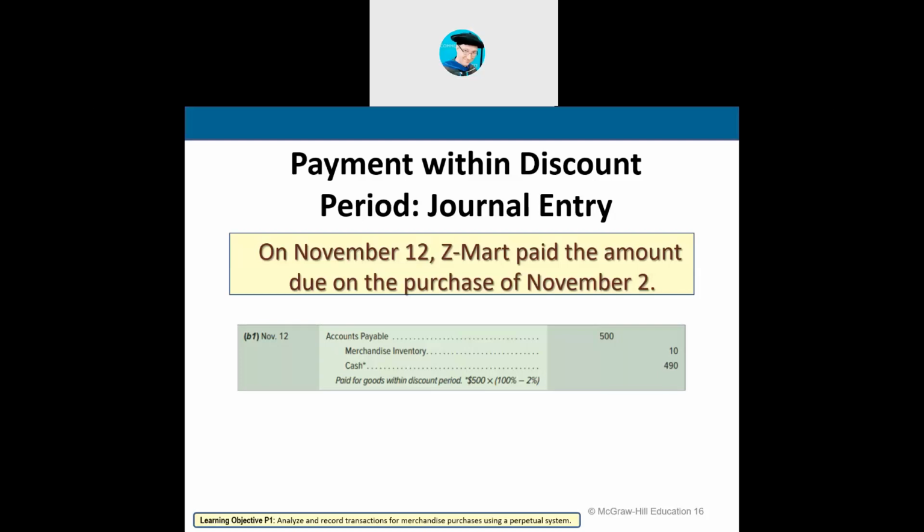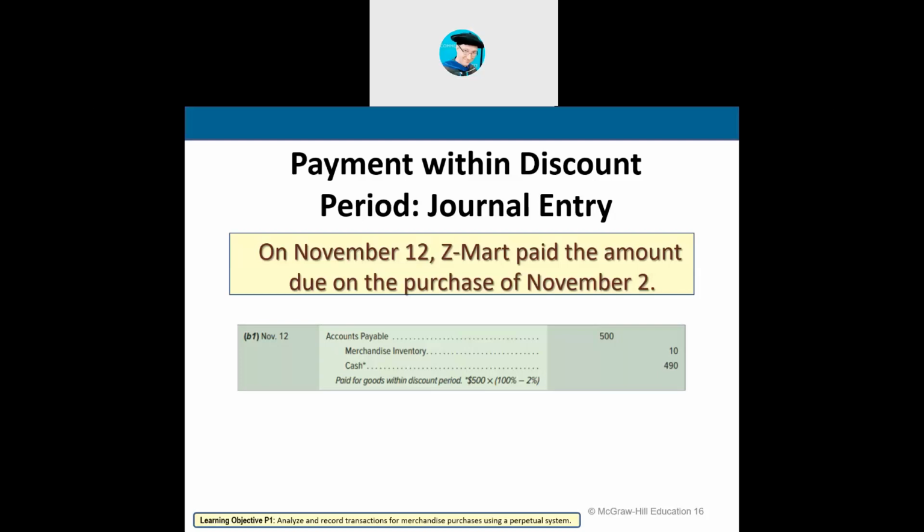You might be asking. We debit accounts payable the 500, because remember that's how much the total invoice was for. But I'm only going to pay them $490. How do we get the 2% off of 500? $500 times 2% gets me $10. $10 is my 2% discount.